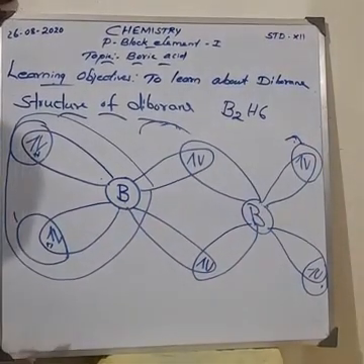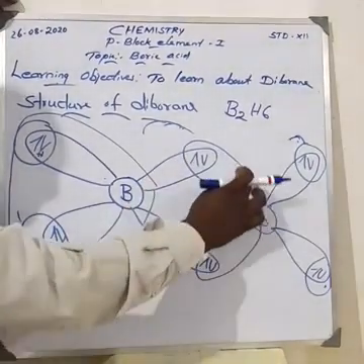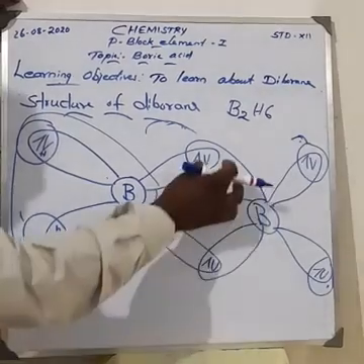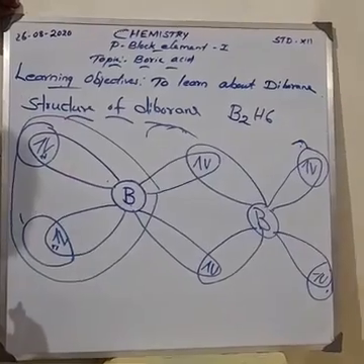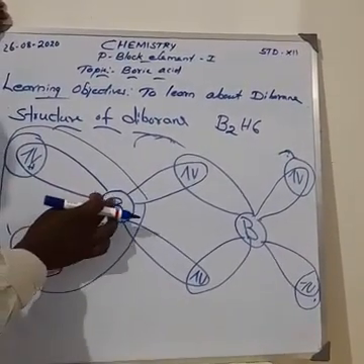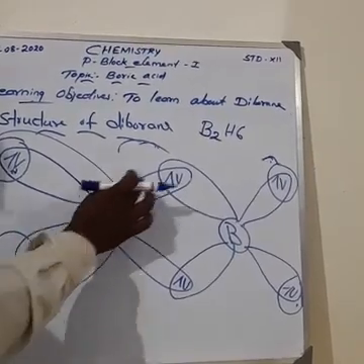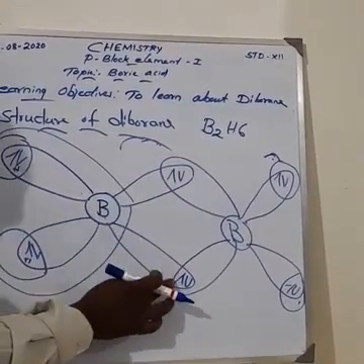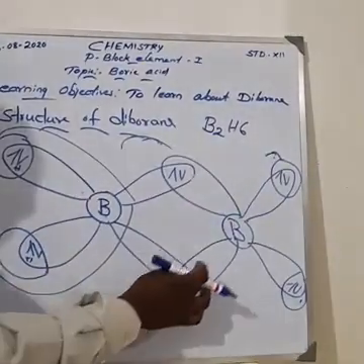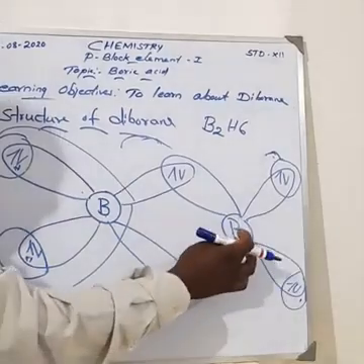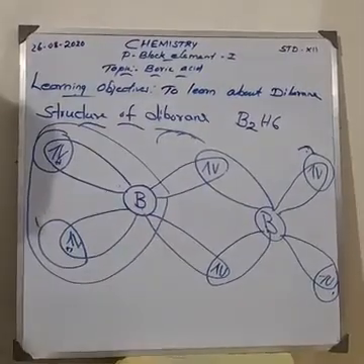They are linked by two bridged hydrogens: this is one bridge, and this is another bridged hydrogen. Therefore, it has 8 BH bonds: 1, 2, 3, 4, 5, 6, 7, 8 BH bonds.